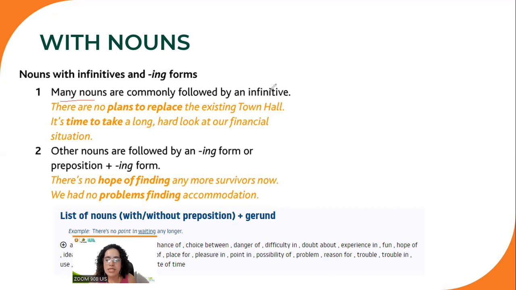Let's read both examples. Jose, can you read examples here? The first two. Yes, teacher. There are no plans to replace the existing town hall. And it is time to take a long, hard look at our financial situation. Okay, there are no plans. This is a noun. Plans to replace the town hall. Town hall, what is it? Remember?